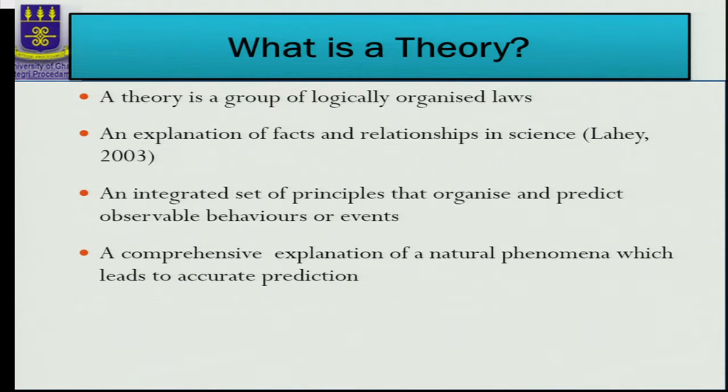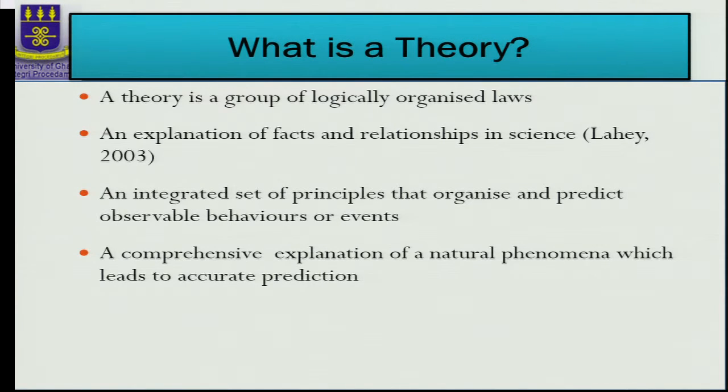So let's say, what's a theory? A theory is basically a group of logically organized laws. When you have an idea that you think is how things are, but you have no facts to back it, that is called a hypothesis.